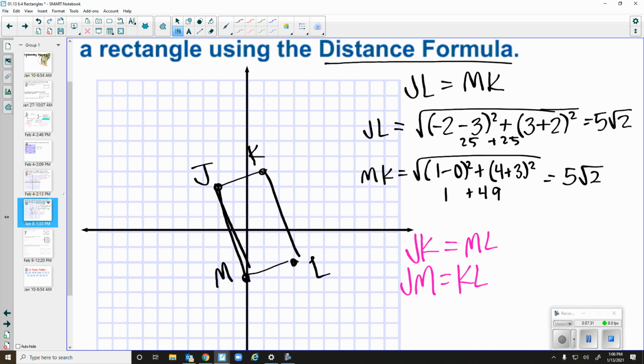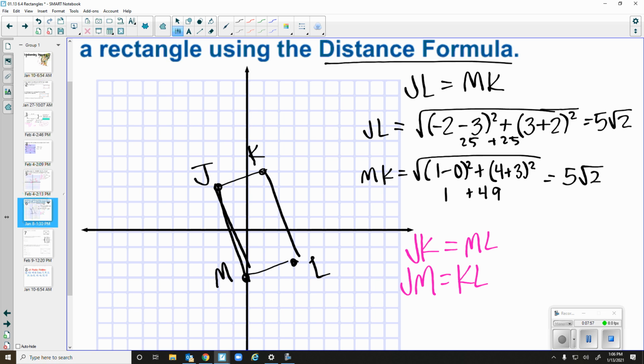I'm not going to make us do it, but if it were a test or a quiz, you would have to. Most tests and quizzes, I probably won't be telling you exactly what formula you have to use to prove something. Sometimes using the distance formula only makes a lot of work, depending on what the shapes are. Could you just do the perpendicular?